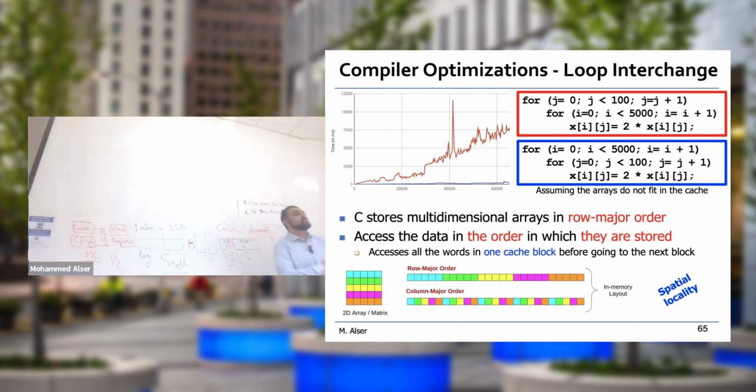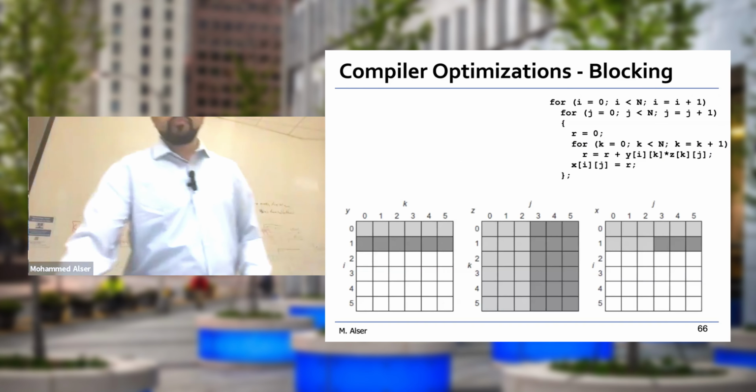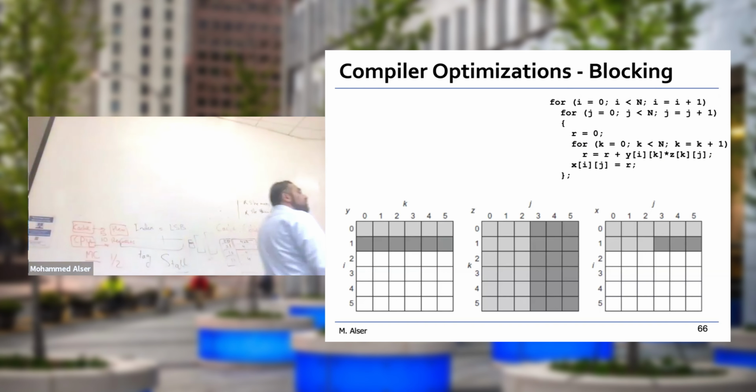So you really need to check the correctness of your code after optimization. All right, so we finished the first optimization. That's what you can do in terms of caching, right?